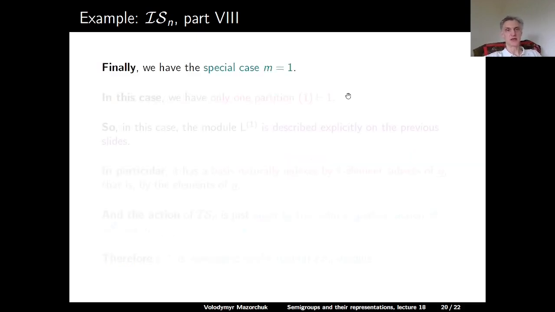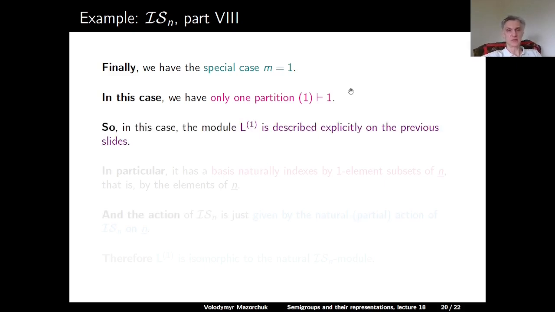As a most special case, we can look at the case m equal to 1. In this case, we have only one partition of 1. So it's both previous special cases at the same time. So in this case, the module L^1 is described explicitly on both of the previous slides.